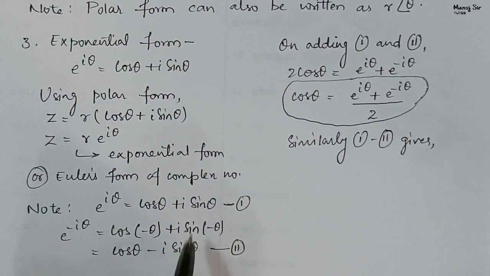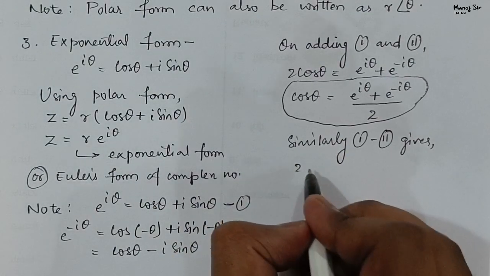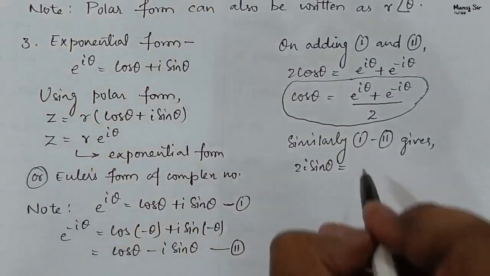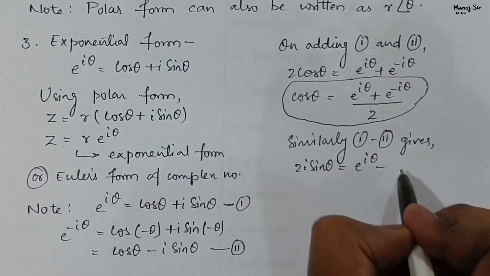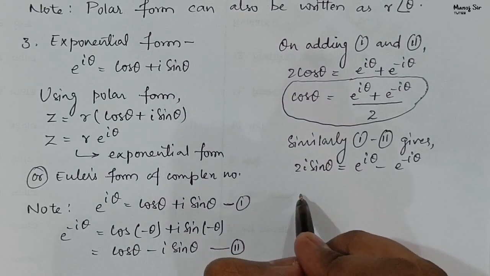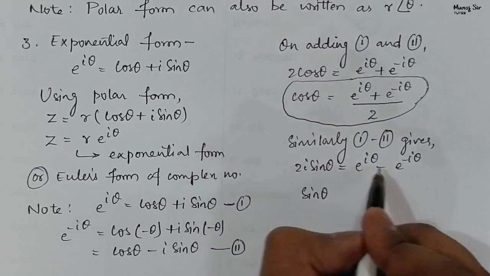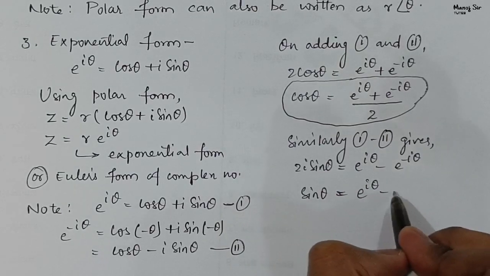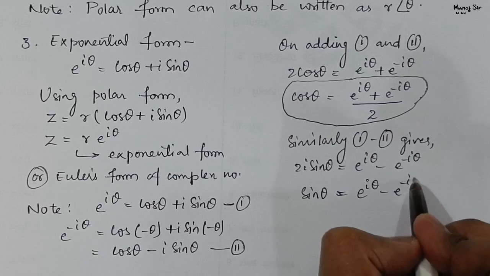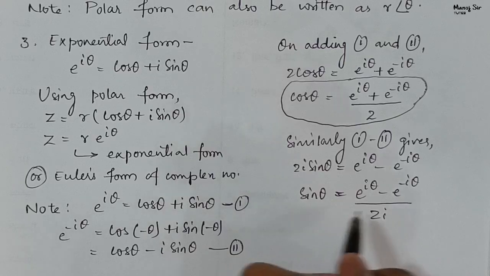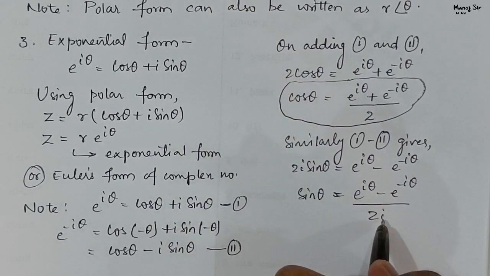This minus of this, that is I sin theta minus of minus I sin theta, will become twice I sin theta, which equals this minus this, that is e to the power I theta minus e to the power minus I theta. Now we can find sin theta from this: e to the power I theta minus e to the power minus I theta upon 2i. Here 2i is in the denominator.